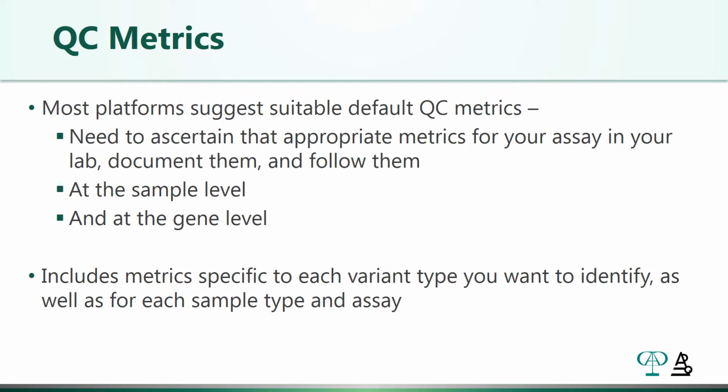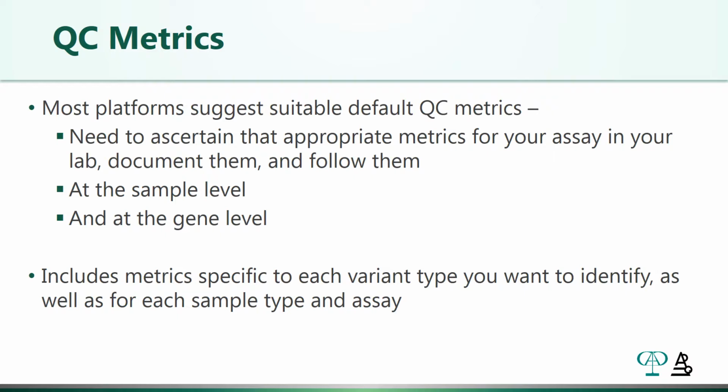Most platforms, the Illumina and the Thermo platforms, and most assays actually have default quality control metrics that you should be paying attention to. However, you can't just use out-of-the-box metrics. You need to ascertain that the metrics work for the assay in your lab and that they actually support what you say your assay can do in terms of sensitivity and specificity.